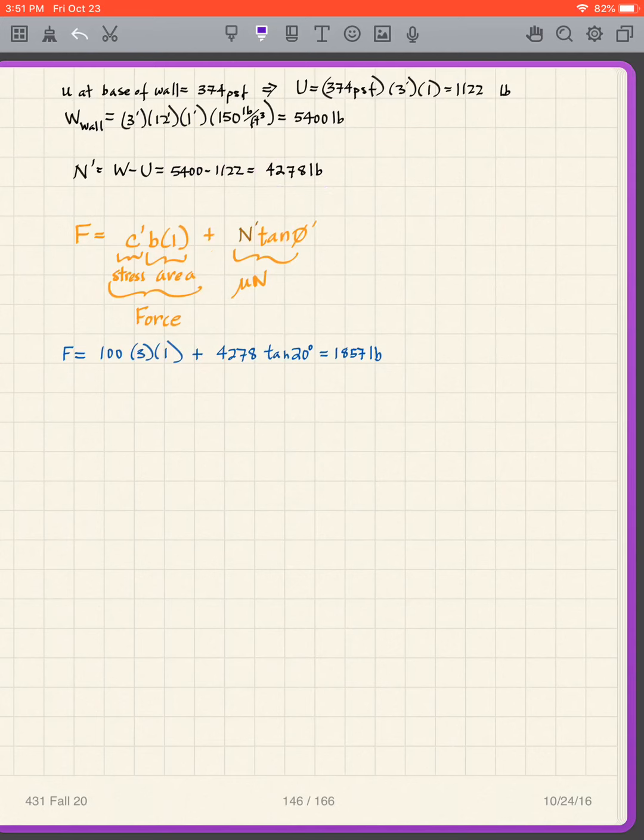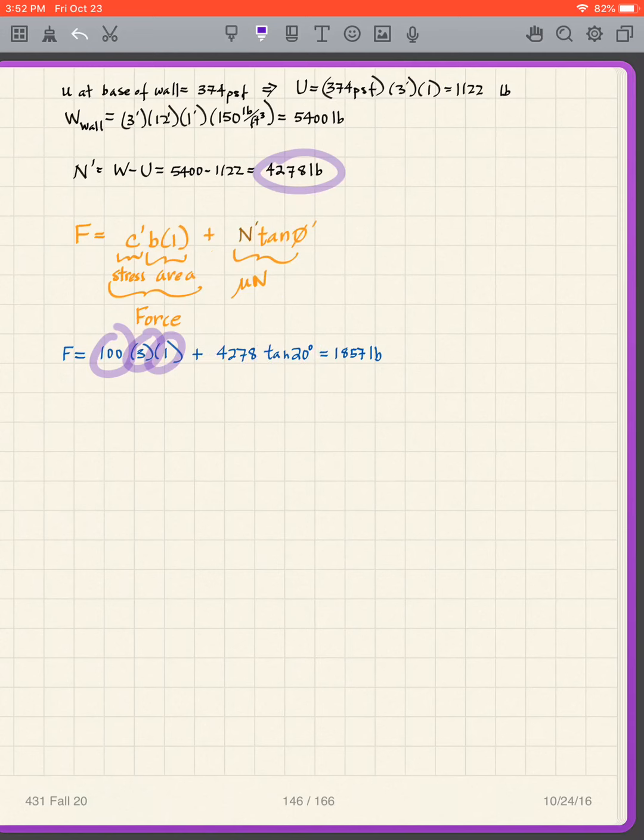So there's my equation that we developed on the previous page, or 2 pages ago. I simply put in my C prime of 100, B is 3, times 1, N prime, that is that value right there, and then tangent of phi prime, which is 20 degrees.